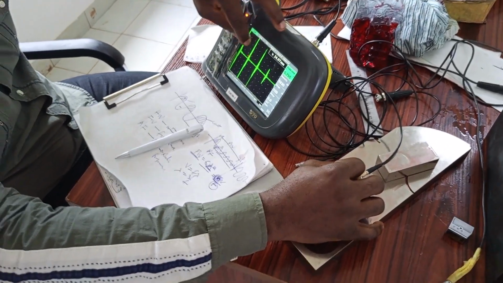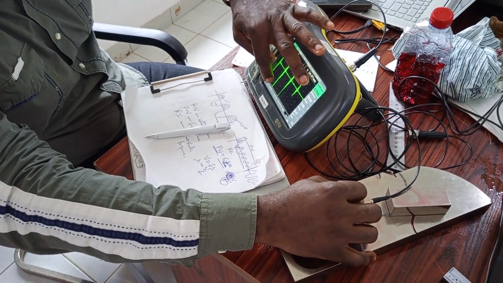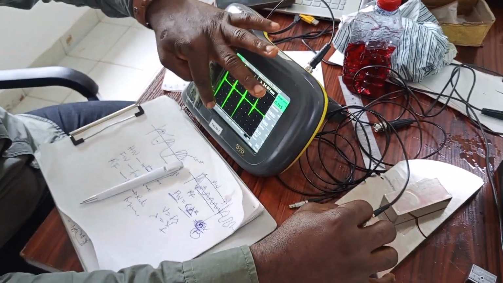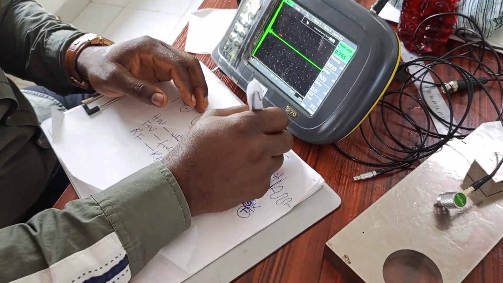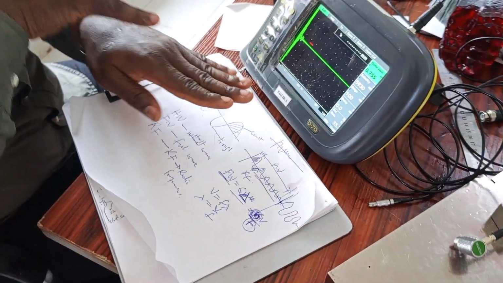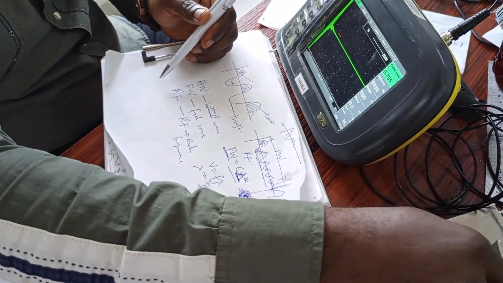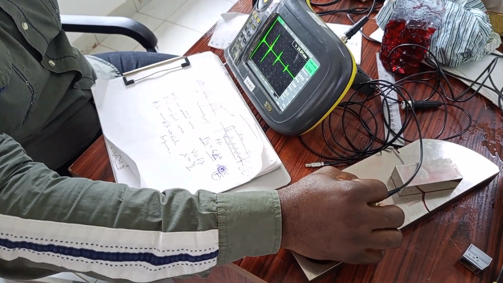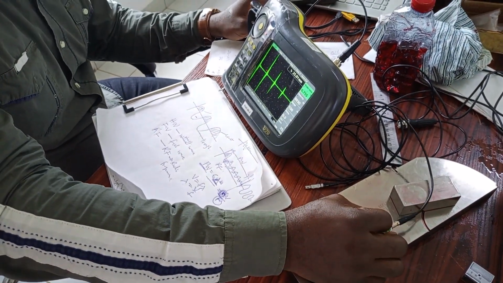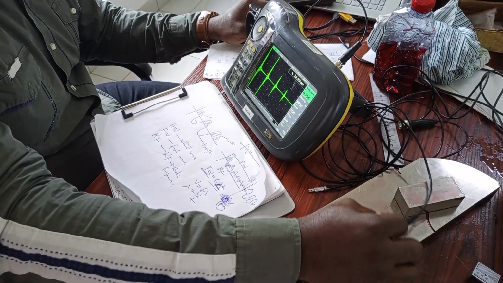Like I told you, instead of seeing this multiple back and forth, you are going to be seeing this representation with a decaying or damping signal. So this is an RF representation. You'll find it in most flaw detectors.